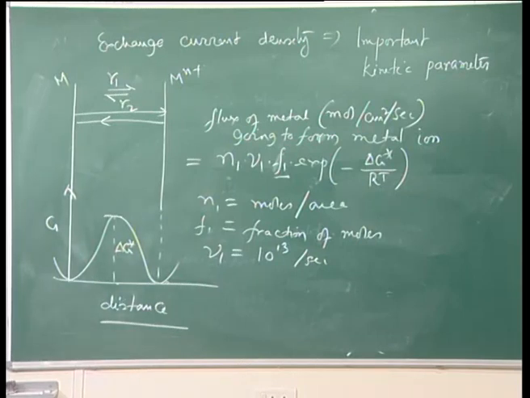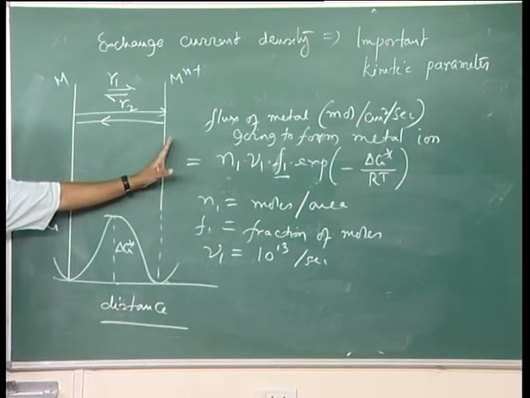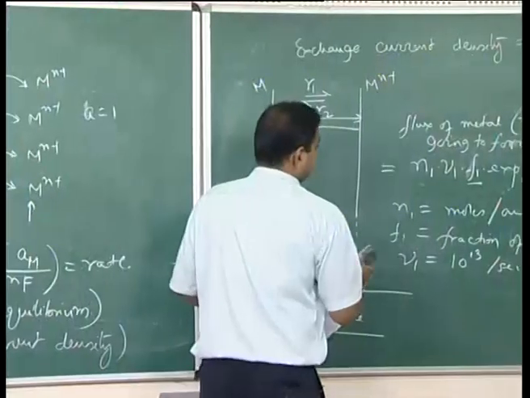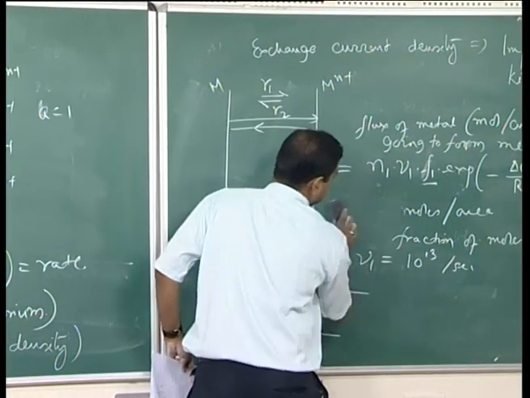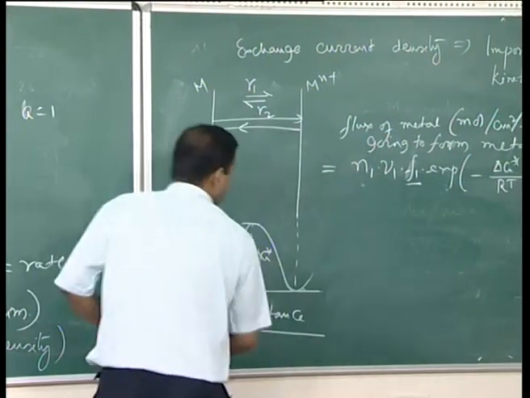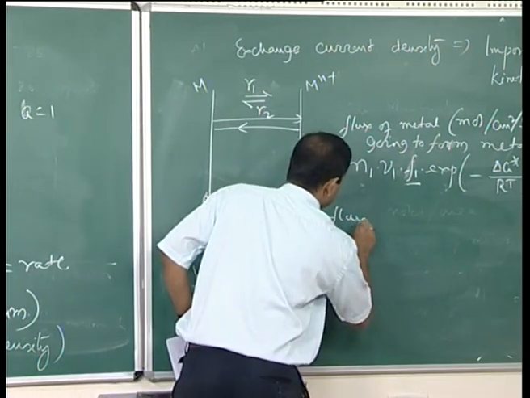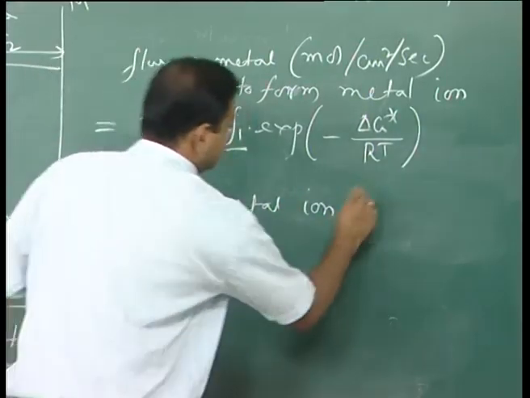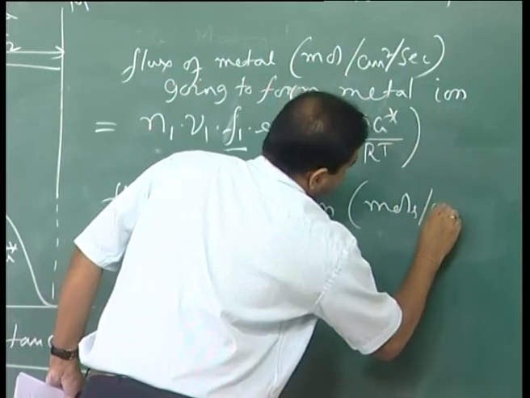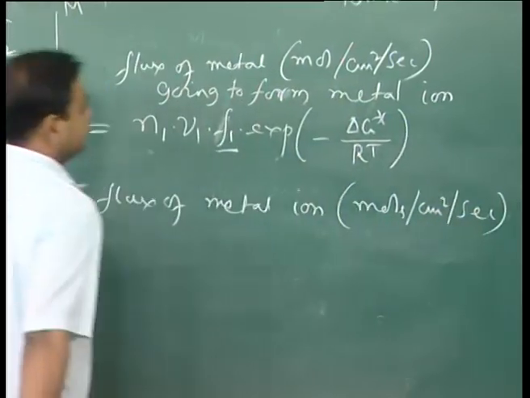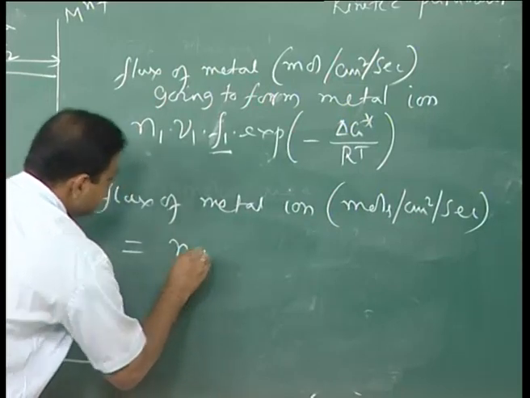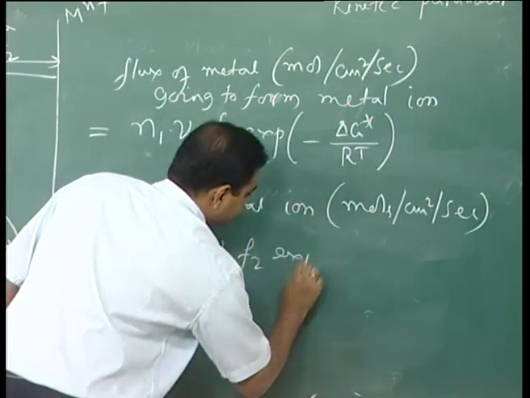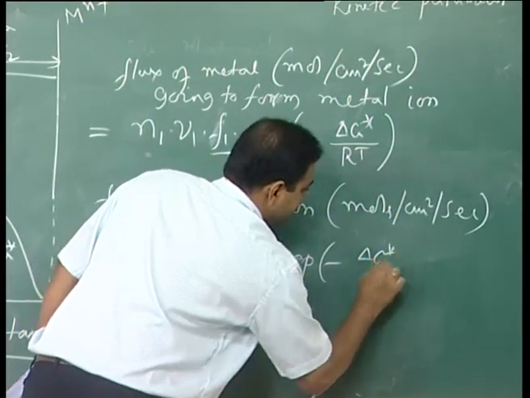I can also write the flux of metal ion going to this. Let me remove this part. I can write the flux of metal ion, again in moles per centimeter square per second, as N2 nu 2 F2 exponential minus del G star by RT.